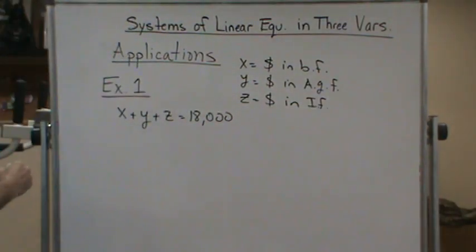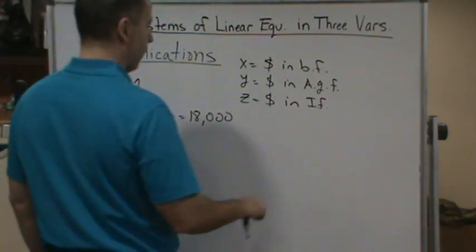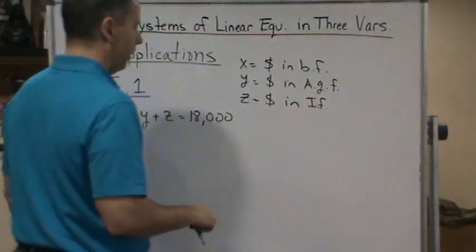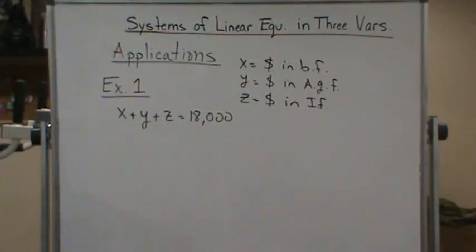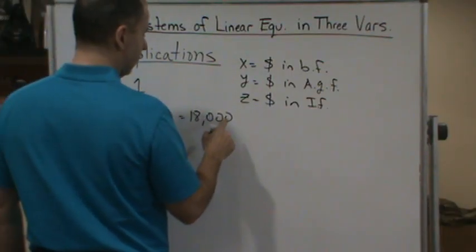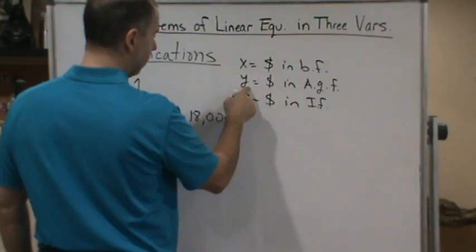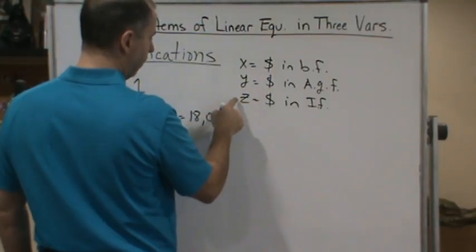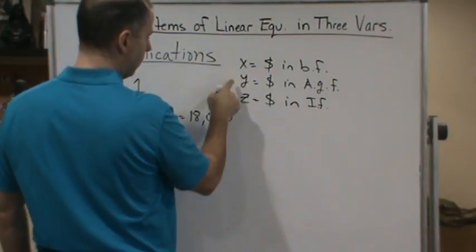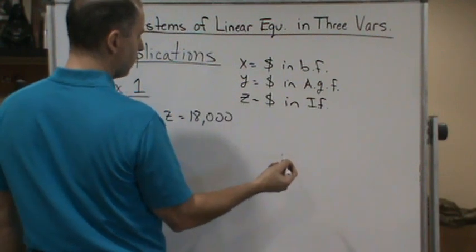We also know that $2,000 more was invested in the aggressive growth fund than the other two funds combined. So that means Y is going to equal the sum of these two other values plus another 2,000.